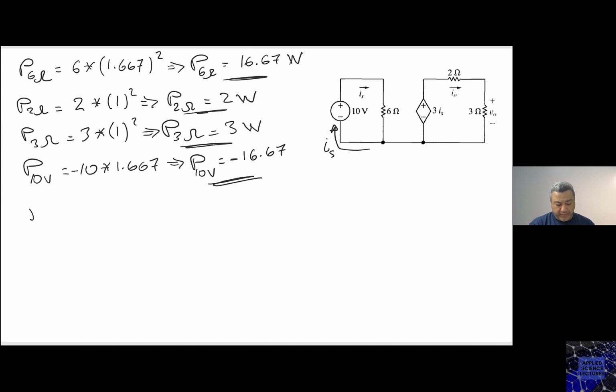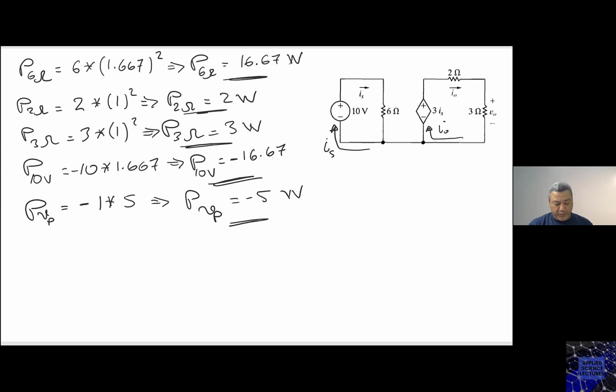The power for VP is also negative because I naught is entering the negative. So I'll write it as minus I naught, which is 1, times VP. How much was VP? 5 volts. Minus 5 watts.